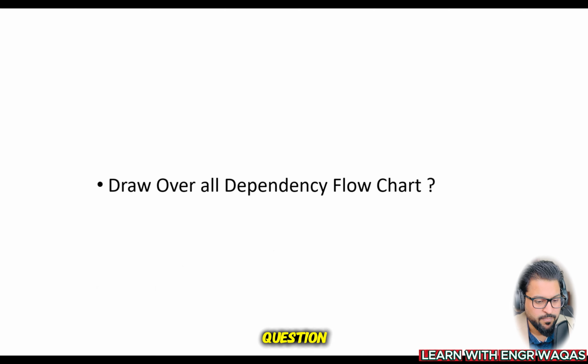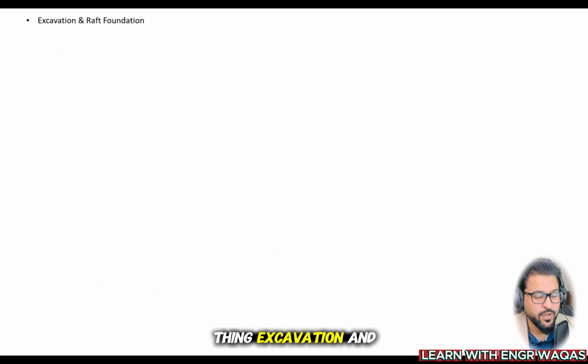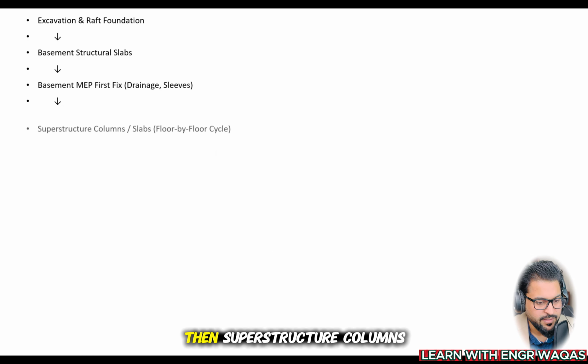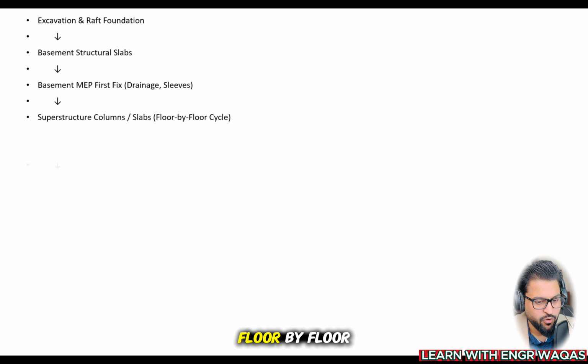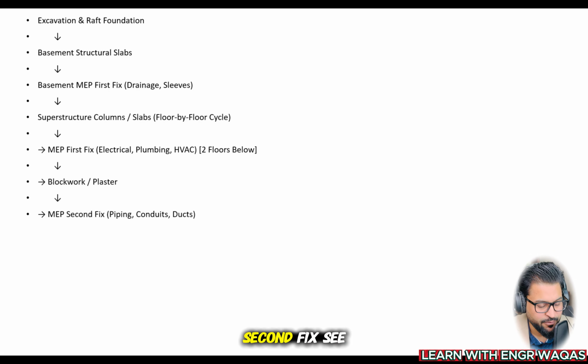Then the third question: draw the overall dependency flow chart. So the overall dependency flow chart is like that. This is an important thing. Excavation and raft foundation. After that, basement structural slabs. After that, basement MEP first fix, then superstructure columns floor by floor, then your MEP first fix for that superstructure, then block works, then again your MEP second fix.